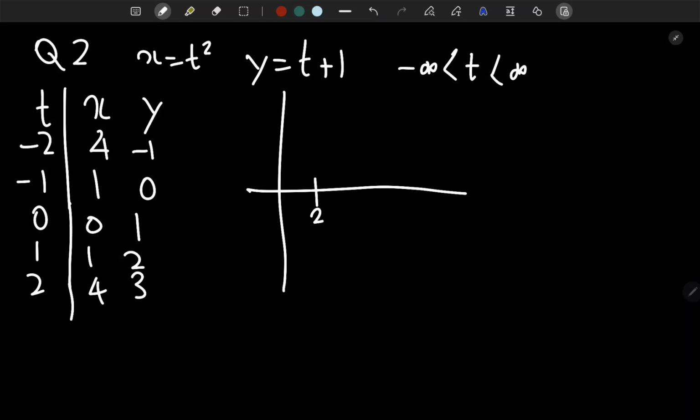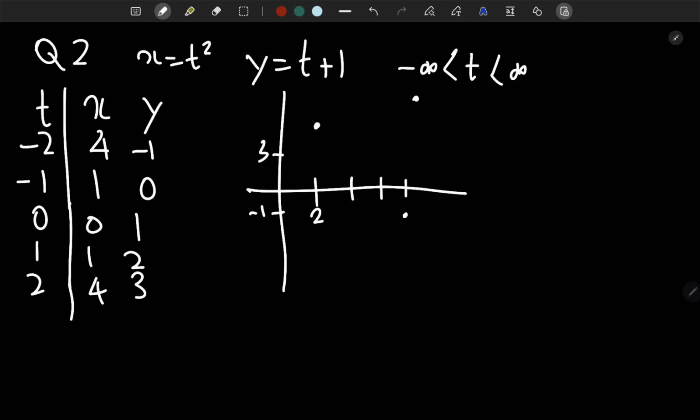So this point I'm going to take as 2, 1, 2, 3, 4, and then this is going to be 1, or sorry, -1. So we have 1 point over here, and then a 3 over here, and then a second point over here, and then somewhere over here.